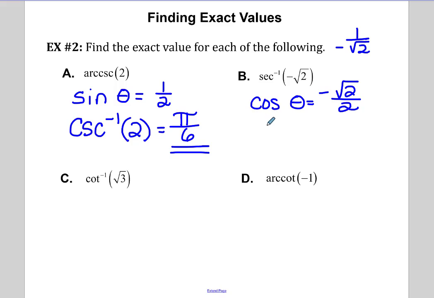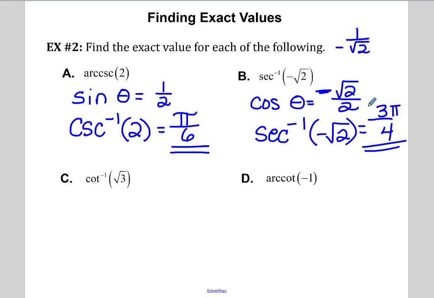And that happens at a 45-degree angle, but where cosine is negative on a restricted domain would be between 0 and pi. So our secant inverse of negative square root of 2 would happen at 3 pi over 4. That's in the second quadrant, and that's on our specified domain for the inverse.